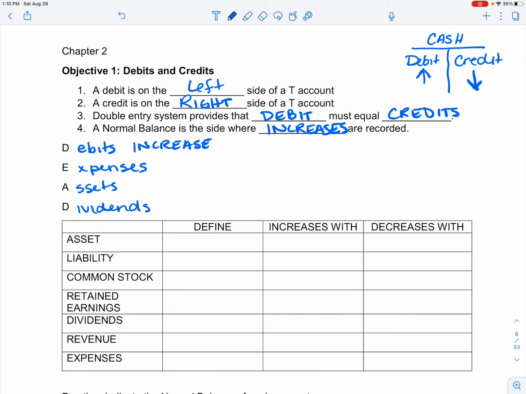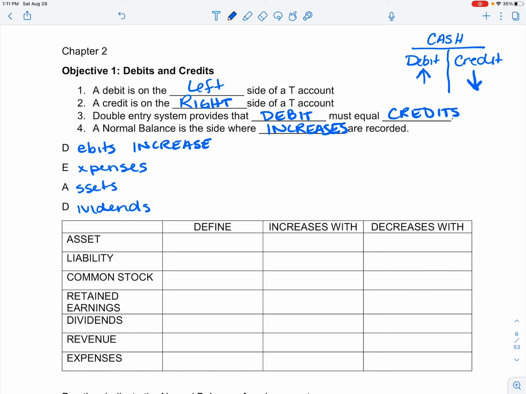This means a debit will increase these and only these accounts. Anything else is going to increase with a credit, and that means your common stock, your liabilities, your retained earnings, your revenue.